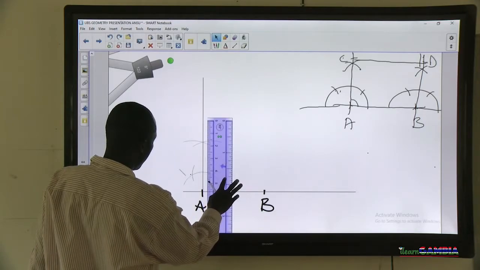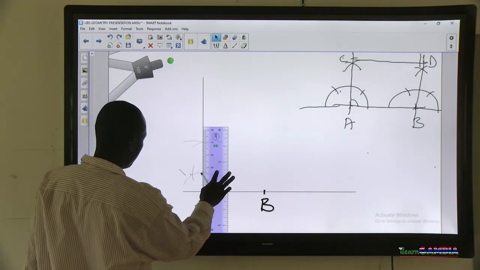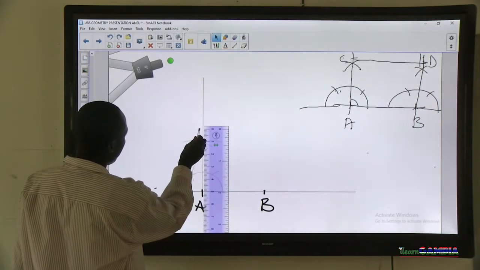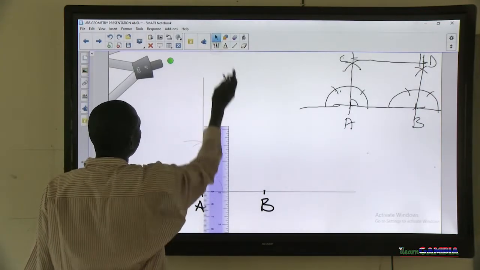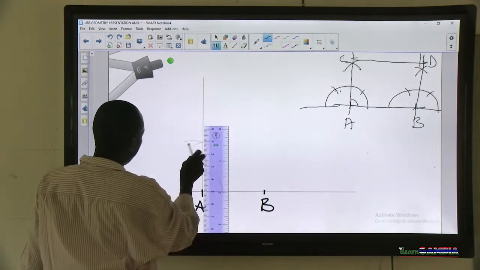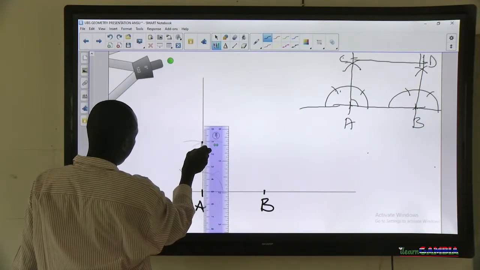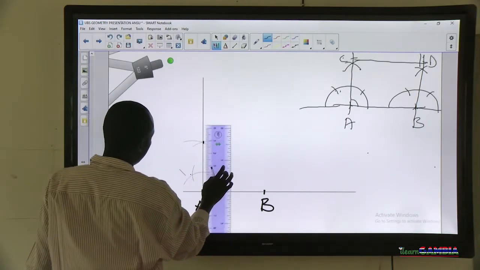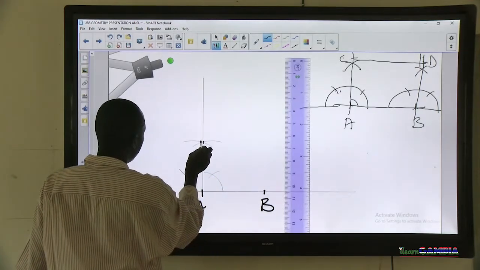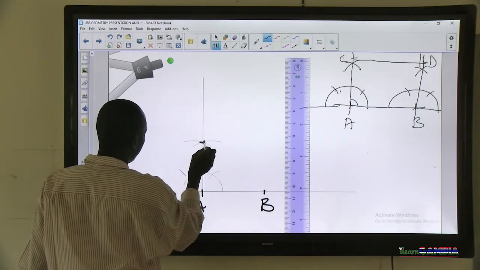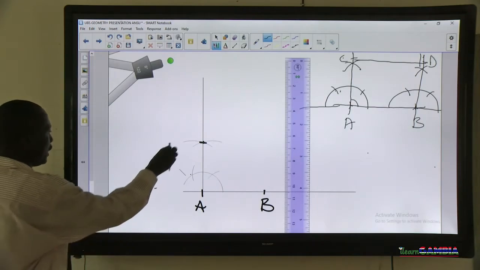We take our ruler and measure 5 centimeters. 5 centimeters is here. That point is 5 centimeters. So that point, we call it D.